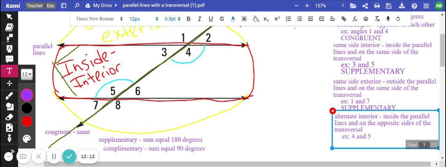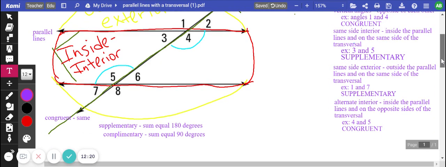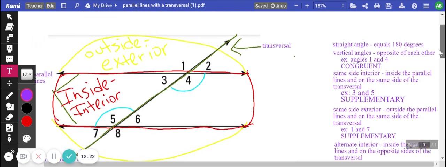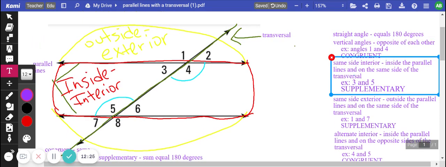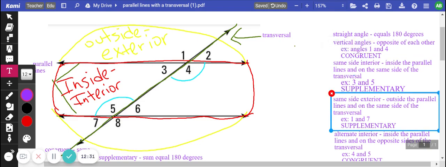These angles are congruent. So if you notice, same side, both start with S, and these are supplementary. Supplementary starts with S.